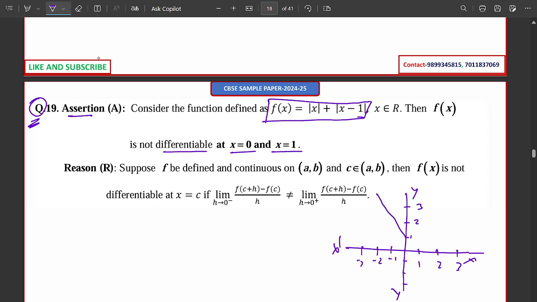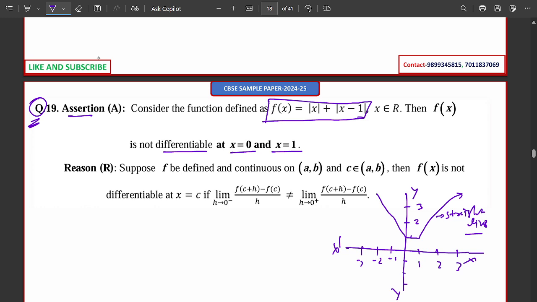This graph is approximately like that, this and this. This should be a straight line because the function behaves like that.